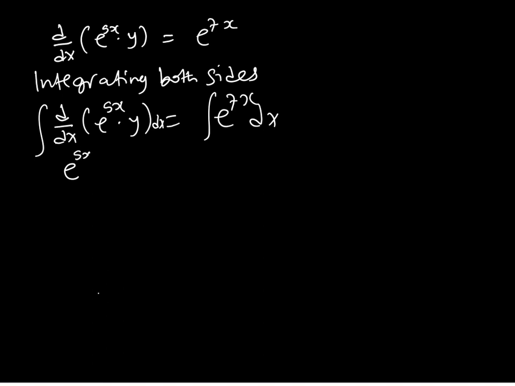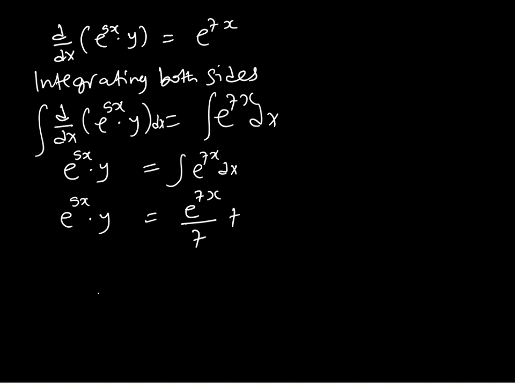You end up with e to the 5x times y as the integral of e to the 7x dx. Integrating an exponential function, remember, we write the exponential function, divide by the derivative of the power, and add a constant. And now this is the solution to our differential equation.